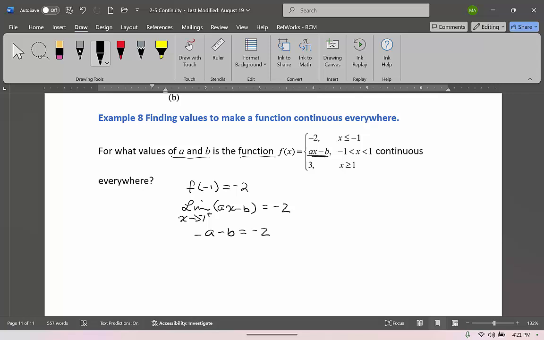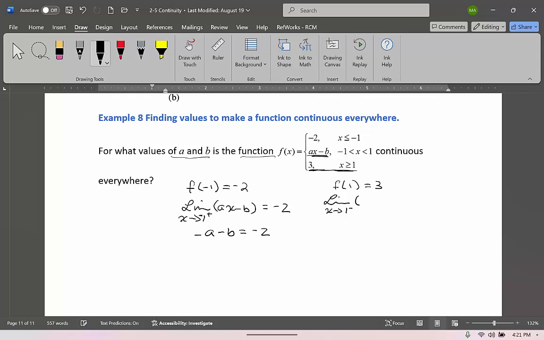All right, similarly, when we jump from this piece to this piece at x equals 1, we have that f of 1 is equal to 3, because when x is 1, we're following this piece of the graph. That's also going to be the limit from the right, but we also need the limit as x approaches 1 from numbers smaller than 1, so from the left.